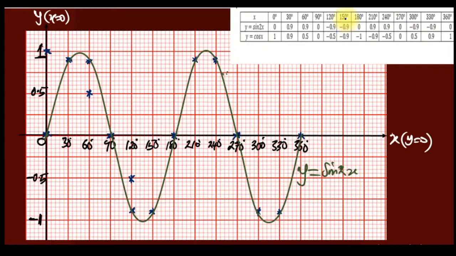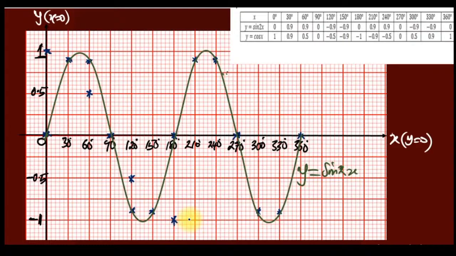When it is 150, we have minus 0.9, so that same point here. When it is 180, we have minus 1. When it is 210, we have minus 0.9.